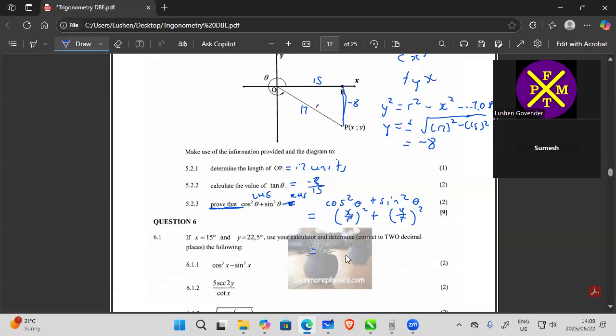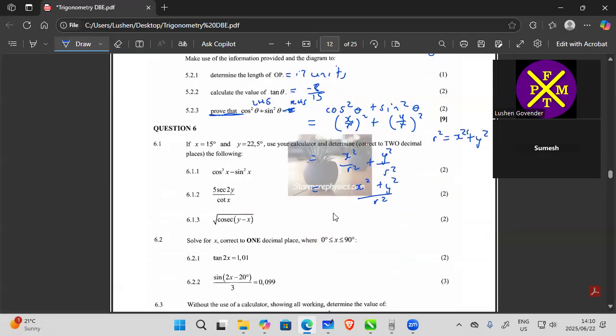If I do this here now, I'll get x squared over r squared plus y squared over r squared. If I combine this, x squared plus y squared over r squared. But what is x squared plus y squared? So if I see x squared plus y squared, what can I put in? r squared. So r squared over r squared is what? 1. Right?